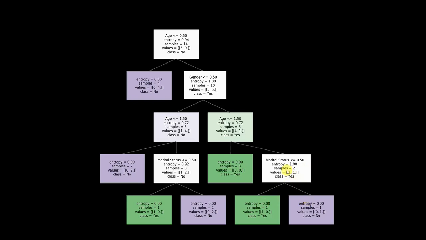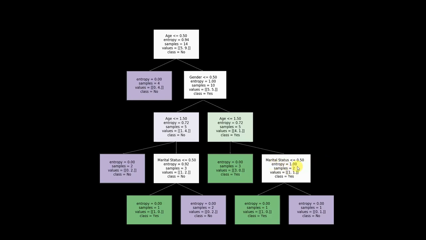For example, if the question regarding marital status is asked at this node, whether the person is married or not, the answer will be 50% yes and 50% no. In that case, our model won't be able to give a firm decision on whether the person is married or unmarried, because of the 50-50% in both cases.